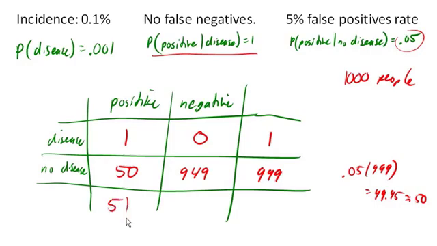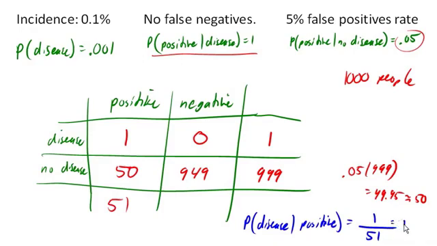Now remember, what we're really interested in is the probability that you have the disease given that you tested positive. Well, now we have enough information to figure that out. How many people tested positive? 51. How many of them actually have the disease? 1. And that comes out to about 1.96%.